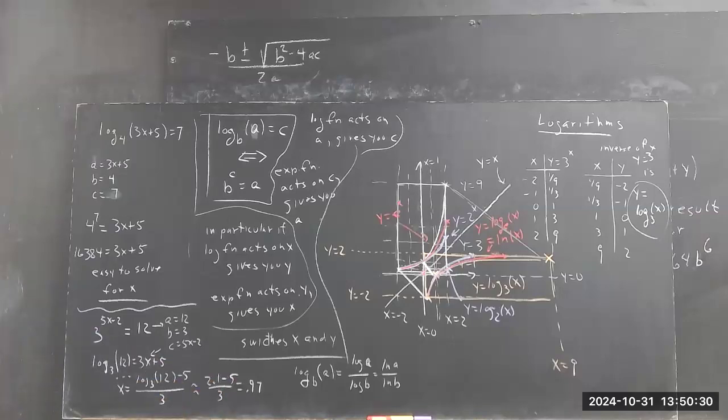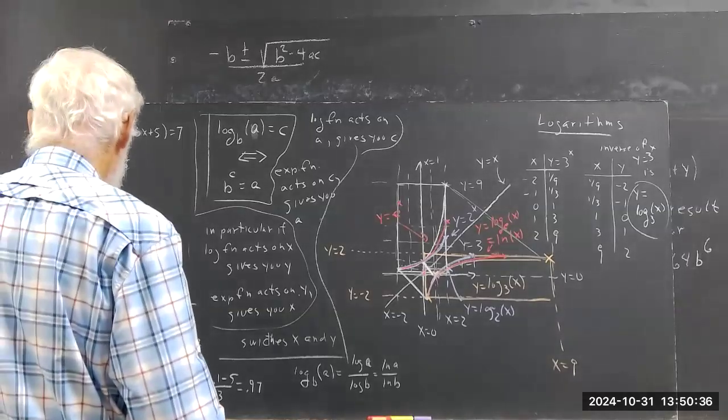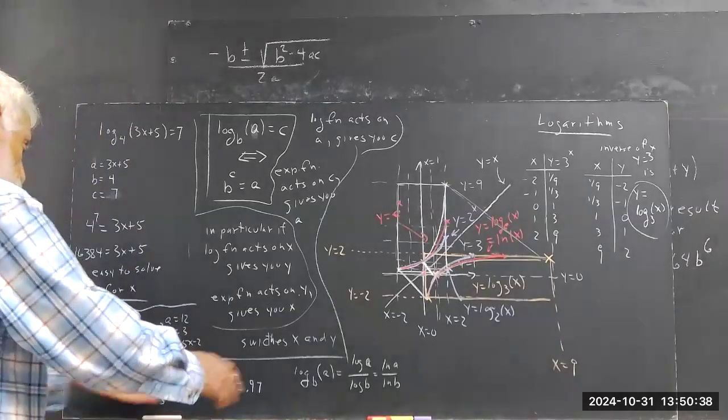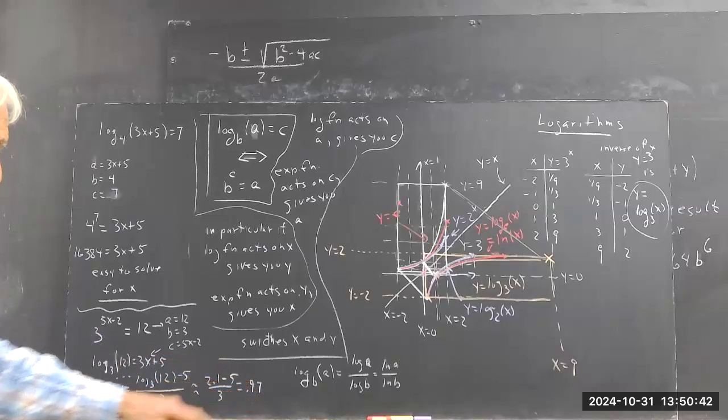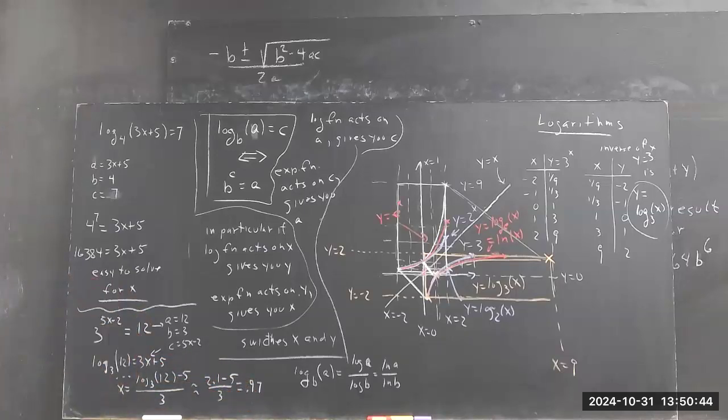Oh, wait a minute, 2.9. Well, that'd be even worse. So something's wrong with some of these numbers, but you can put them in your calculator and whatever number you get out here, put in here and see if you get 12. Okay. And if you don't, and you're sure every calculation is right, then check how you solved this.